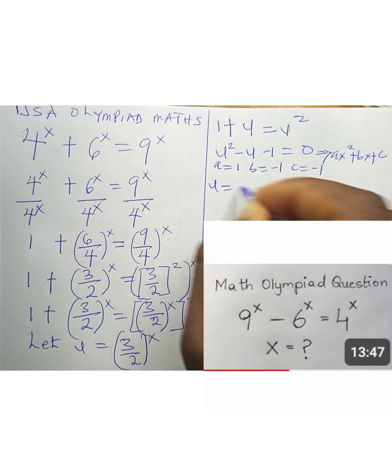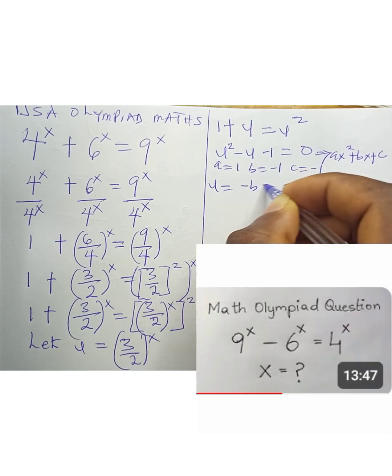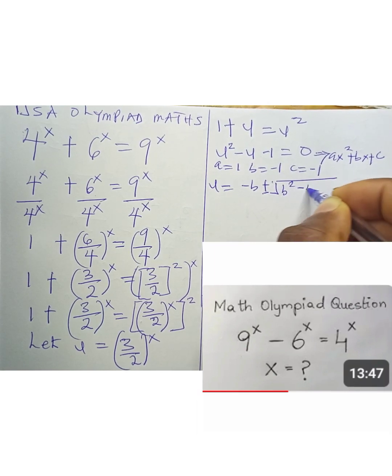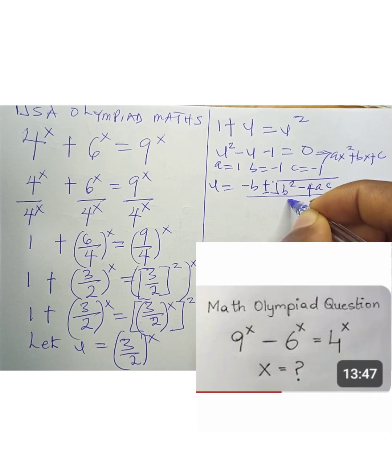So u becomes, using the quadratic formula, minus b plus or minus square root of b squared minus 4ac, divided by 2a.